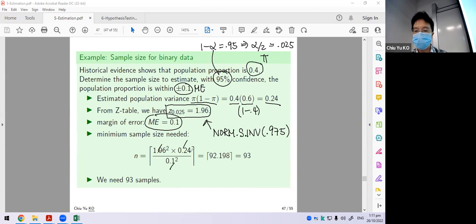Do note that you don't square. There's no square here, and you get 92.19, which rounds up to 93. Is that clear? Because it's just plugging in the numbers, I'm not going to spend too much time on this, and the logic is already there.